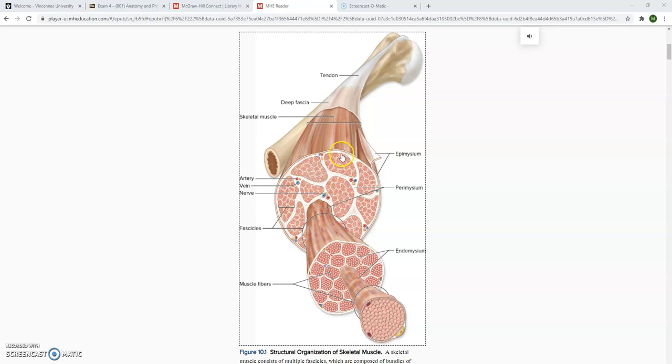Each one of those is a fascicle, and each one has connective tissue surrounding it. That's what this white connective tissue here is representing. They call that perimesium because it's around the fascicles.